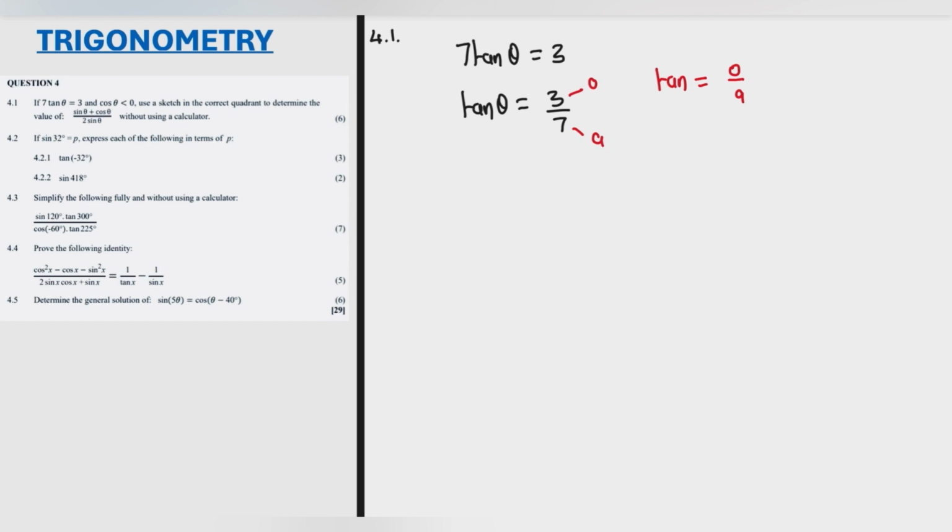Right, so now let's go to our CAST diagram, and we can also see that we have a positive value there, right? Our tan is positive. So now going to our CAST diagram, tan will be positive only in two places, which is the first quadrant and the third quadrant.